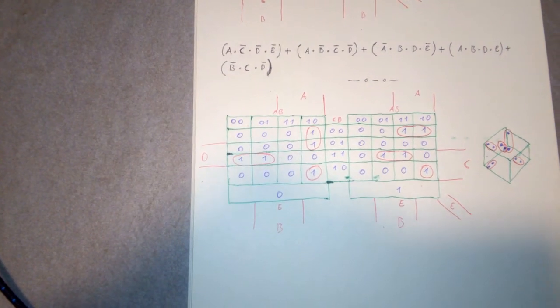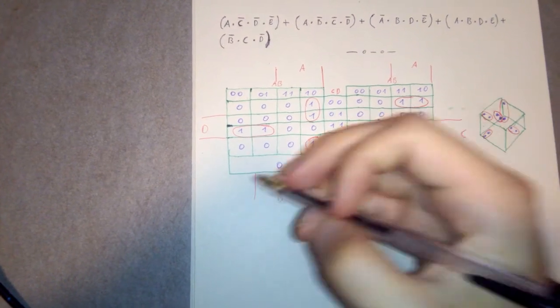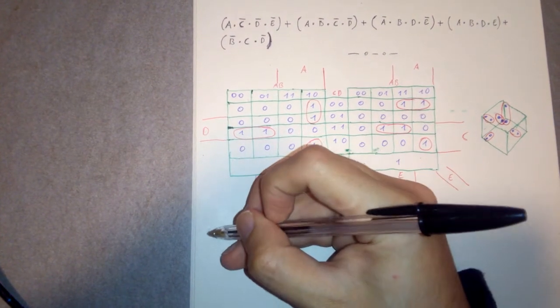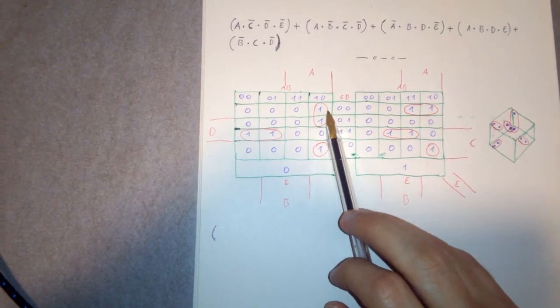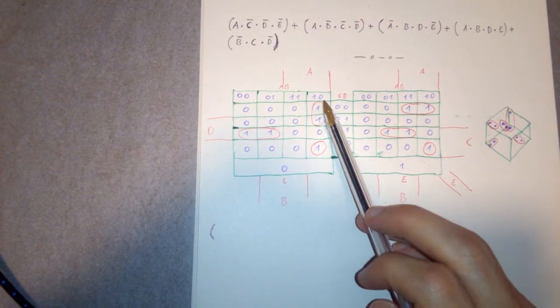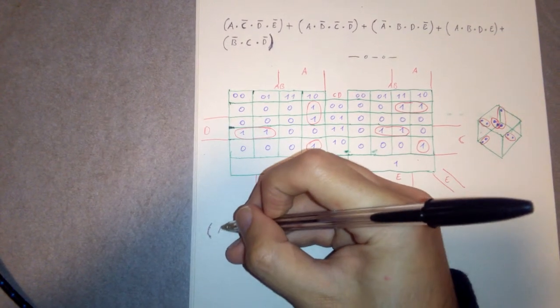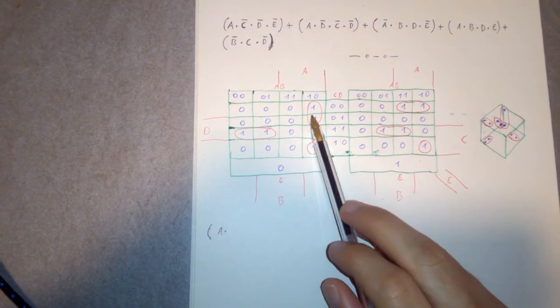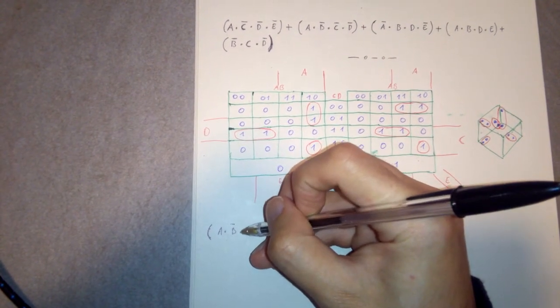Now, once we're done with that, we're going to write the expression for each and every group. So our expression is going to be the following. Let's start with this group of 2. It's falling completely inside A, so we have A times. It's completely outside of B, so we have B naught.